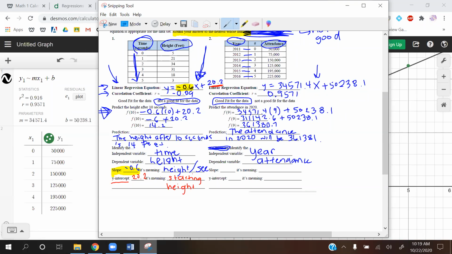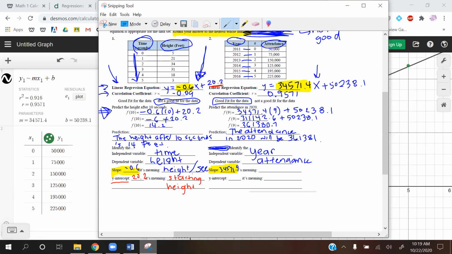Okay. The slope, let me highlight the slope. The slope is the number before the x, so that number. I don't think I can fit it in that tiny line, but I'm going to try. Okay, so that's our slope.